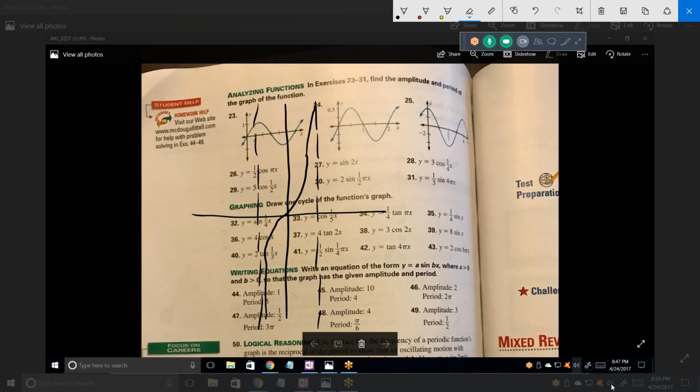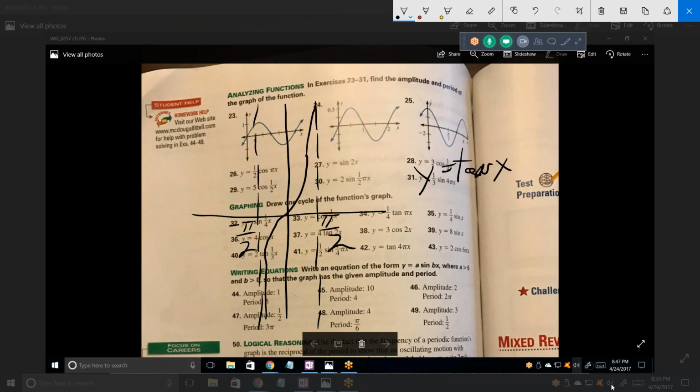Now all I've got to do is label this. Well, traditionally, if I just said y is tan of x, then this goes from minus pi over 2 to pi over 2, giving you a period of pi. Okay? Well, they want us to graph 1/4 tan of pi x.